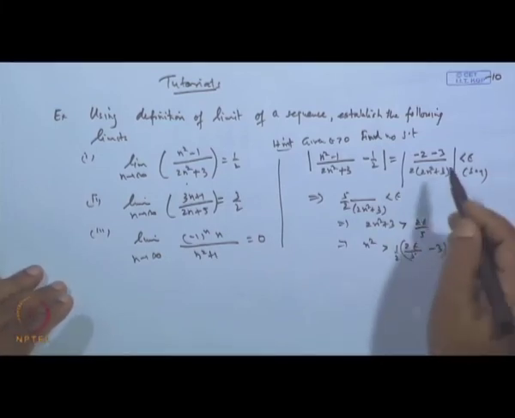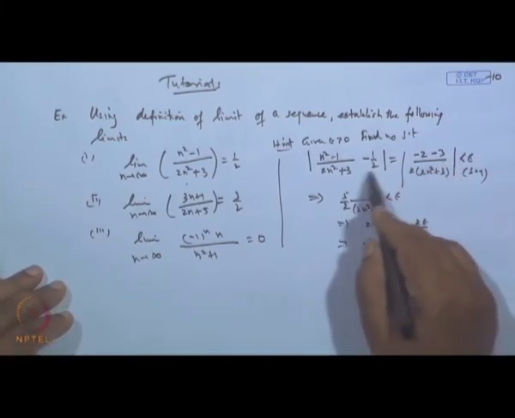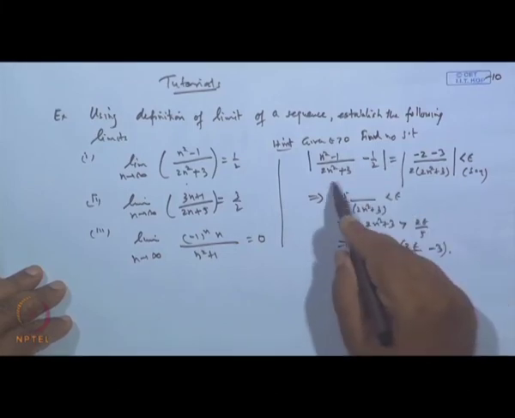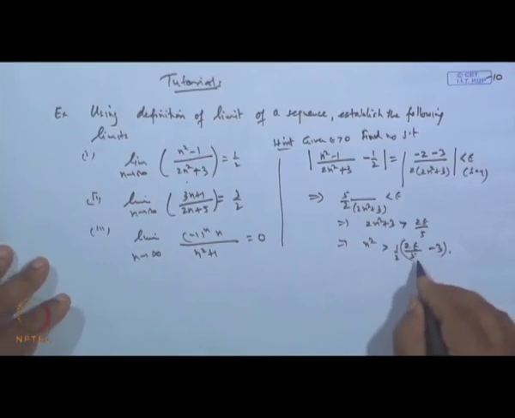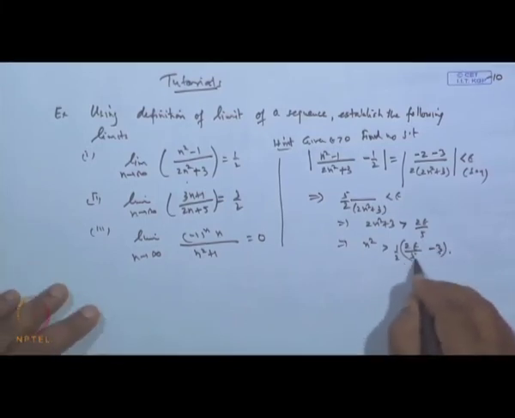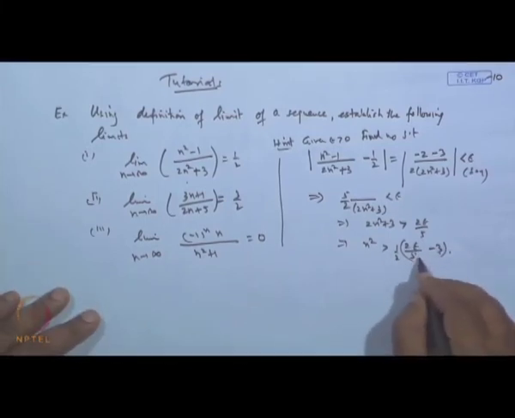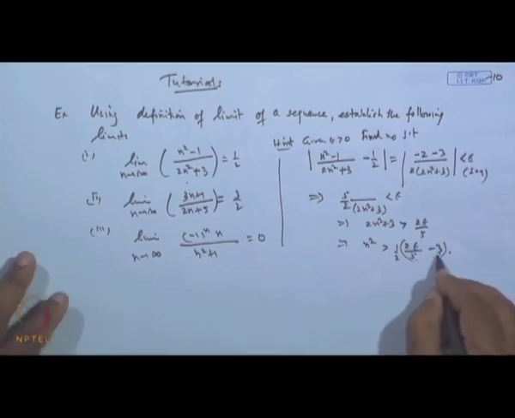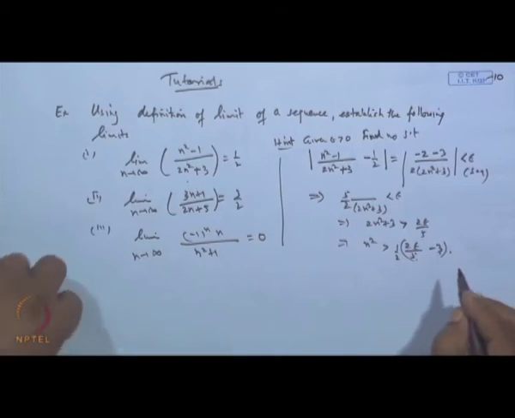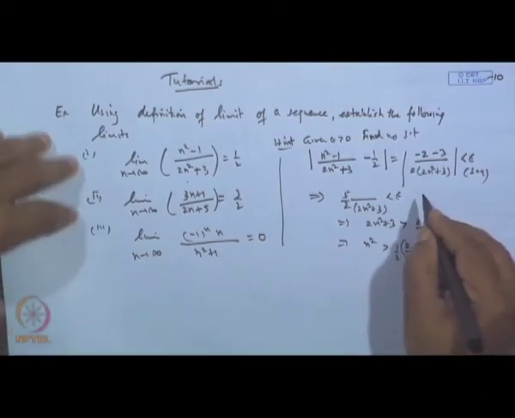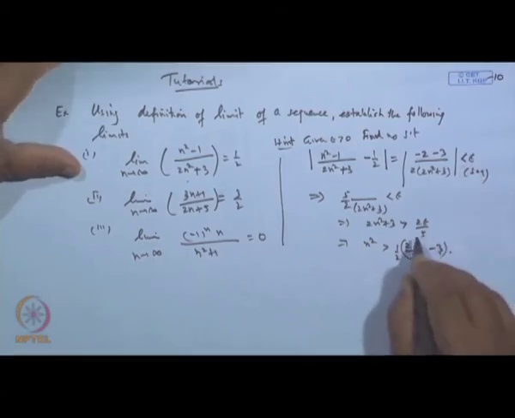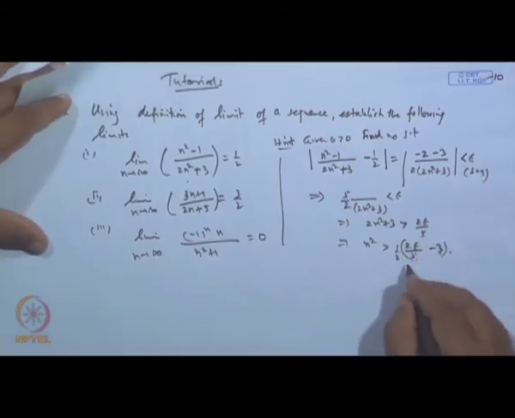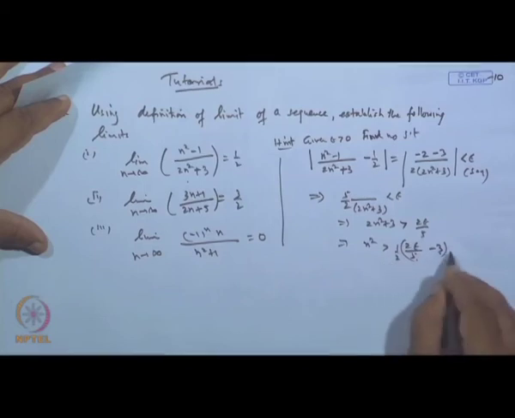That is what the modulus is, 2 n square minus 2 and 2 n square minus 3. Is it okay? Here minus 3 is some problem, but what we can do is choose the positive part of it.